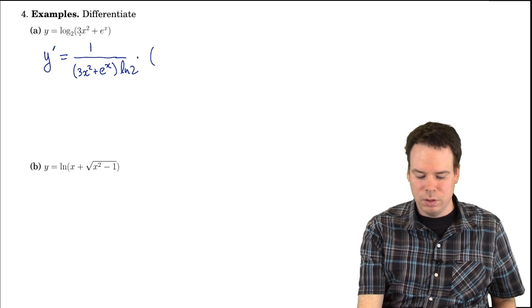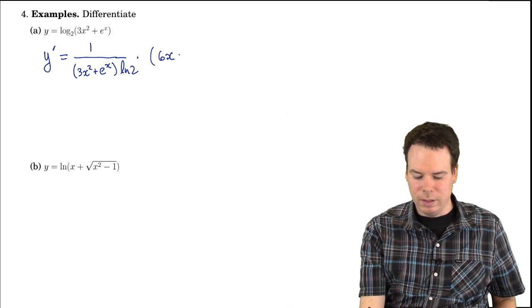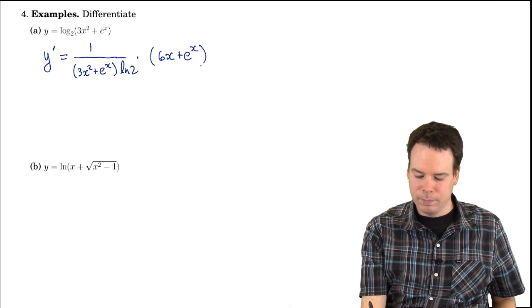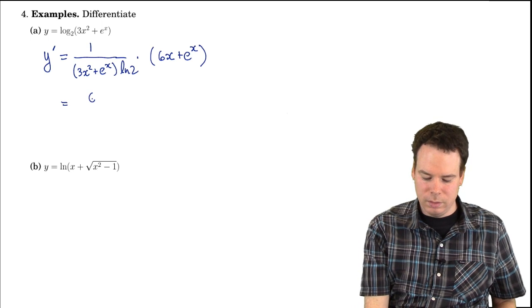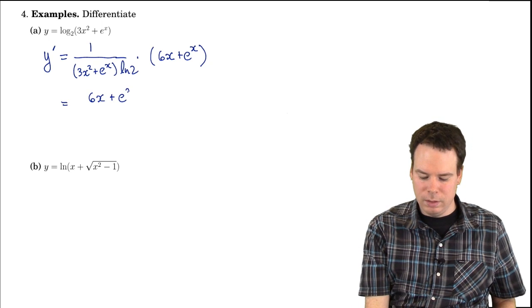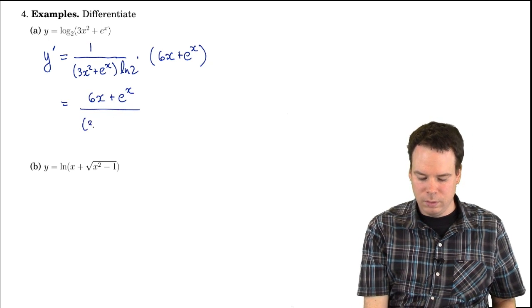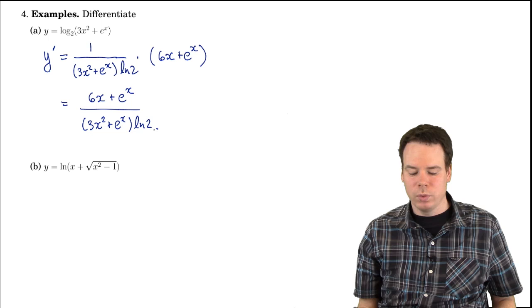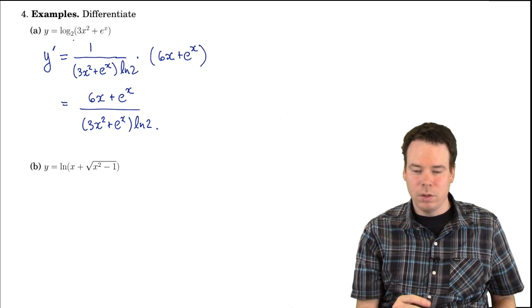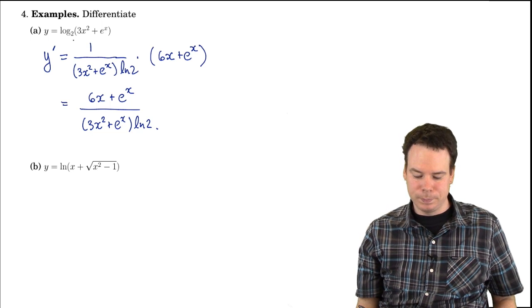The inside function is 3x squared plus e to the x. Its derivative is then 6x plus e to the x. And so this is 6x plus e to the x all over 3x squared plus e to the x times ln of 2. Okay, so we got it by chain rule and knowing the derivative of the logarithm of base 2.